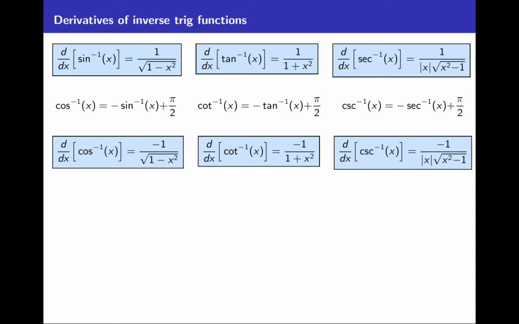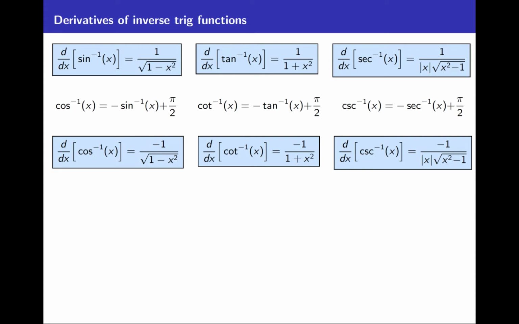And there we have it. If you have remembered the first 3 rules, the rules for the other inverse trig functions come easily. They're all of the co-functions: cosine inverse, cotangent inverse, cosecant inverse. Their derivatives are just negatives of what the corresponding other 3 derivatives are.